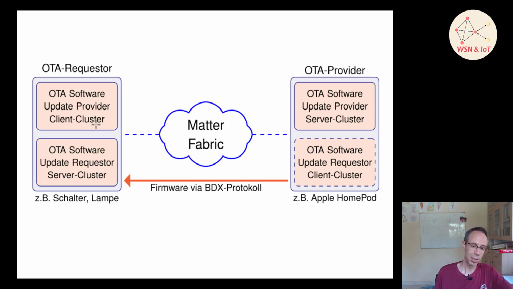The requester normally has an external flash where it stores the new firmware. When the transfer is finished, you have to confirm it in one way. When there is a button, you can confirm it with a button, for example. If not, you can also confirm it over the OTA provider.